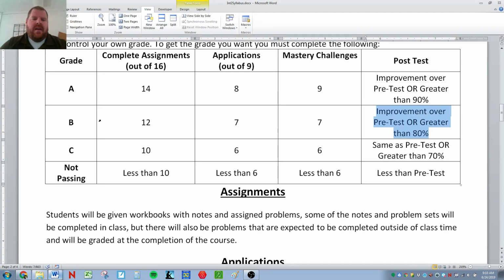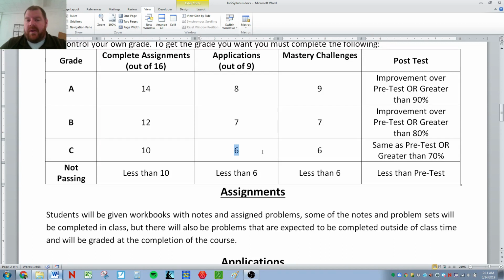Talking about that a little more in detail: let's say I did 12 homework assignments. I was really good at mastery challenges and tests. I did all 9 of the mastery challenges, and I showed improvement over my pre-test, but I didn't really get those applications.